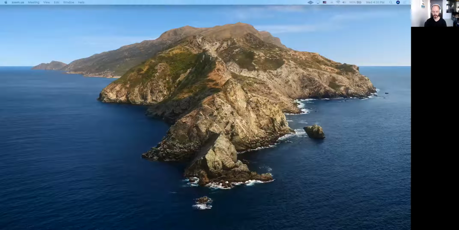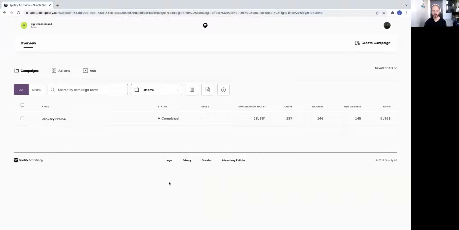All right, so let's go ahead and share my screen here. I've got my Spotify Ad Studio here. When you get started with Spotify Ad Studio, they're going to give you a nice little dashboard like this.